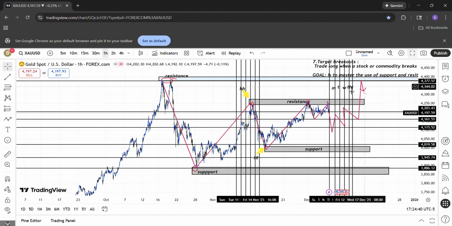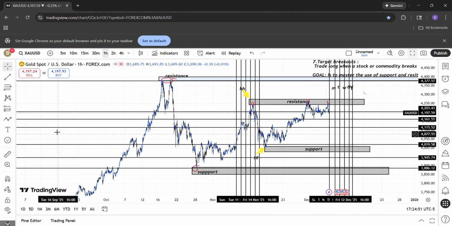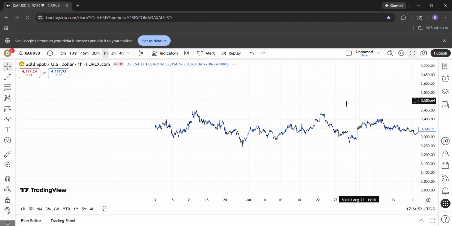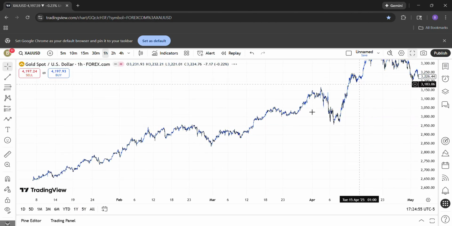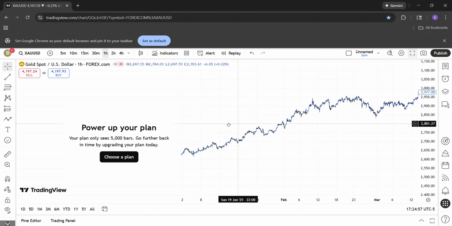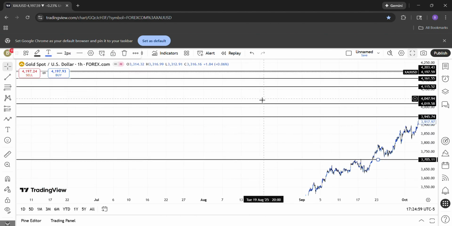Maybe even break these previous highs. It's always good to look at the bigger picture of things, because you never know what's happening. Look how much this has gone up.